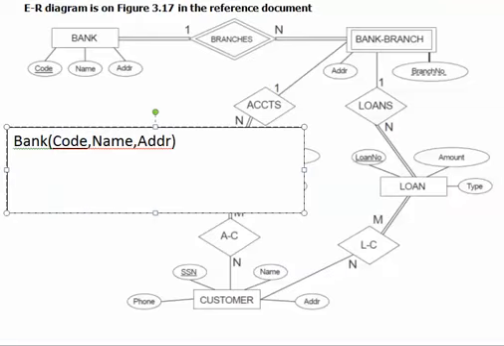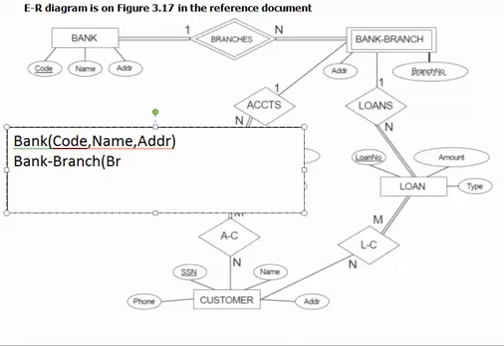And then branches, which is the relationship here, is one to many. That is not a relation, it's not a table. Now bank branch is a weak entity and is participating in three relationships. So we're getting a key from bank, and then we got a partial key.